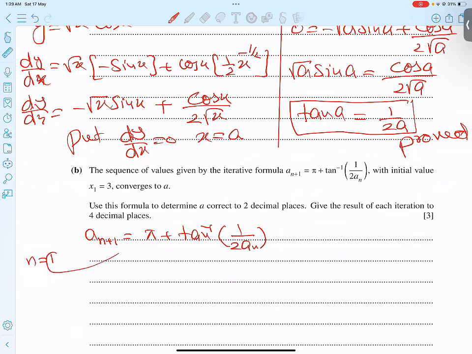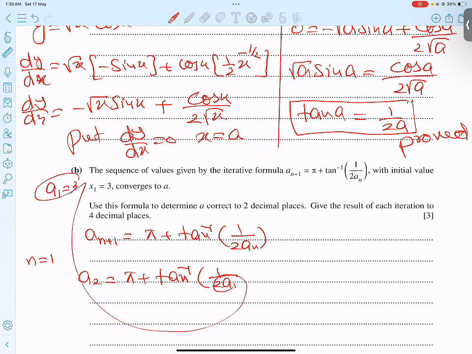When I replace n by 1, 1 plus 1, I get 2. So tan inverse, I got a 2, and when I plug in 1 here, I got 2a1. Because he said x1 is 3 and converges to a, I'm saying this is behaving like a1 is equal to 3.